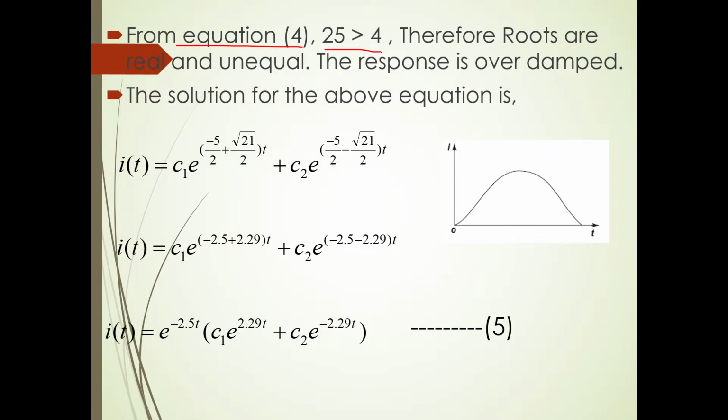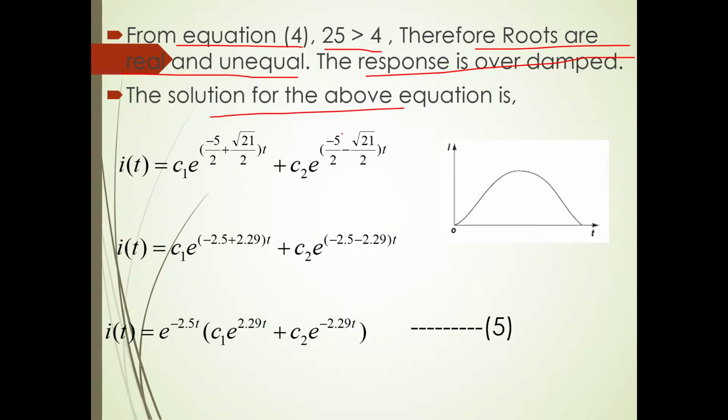Therefore, roots are real and unequal. Based on the theory that I have discussed, you can easily say that since 25 is greater than 4, the roots are real and unequal. If the roots are real and unequal, then the response is an overdamped response.